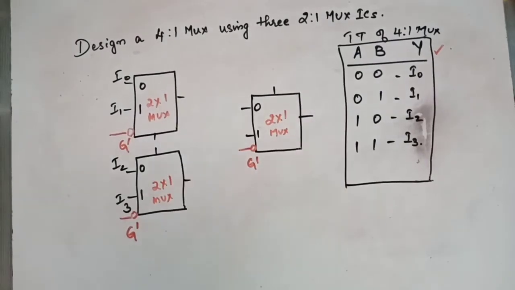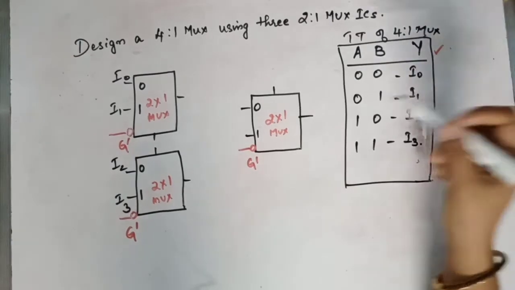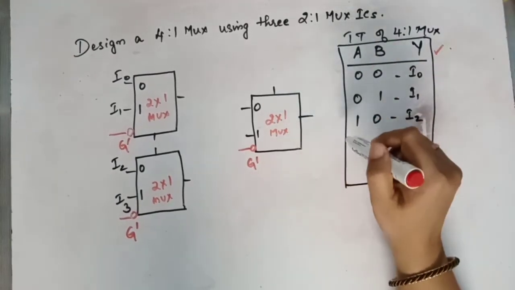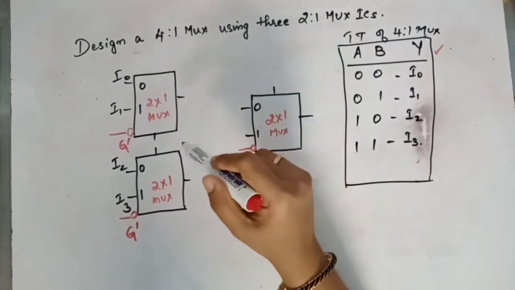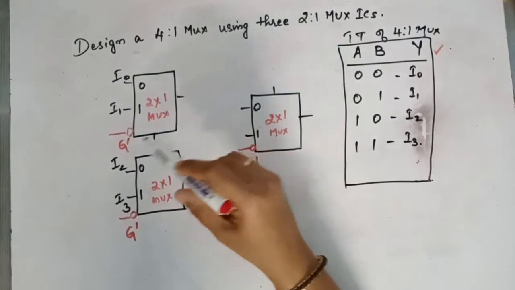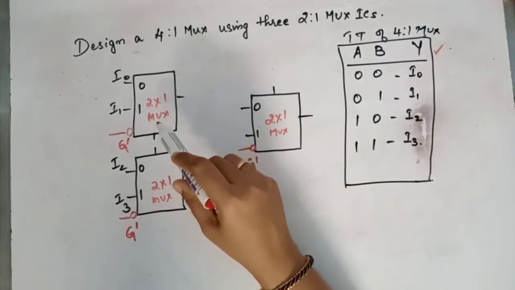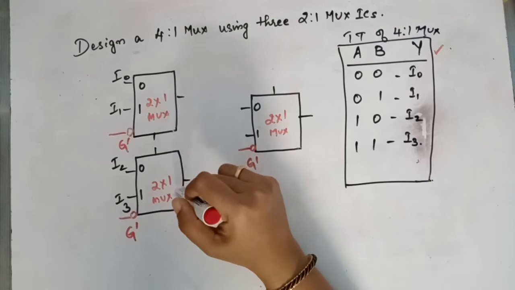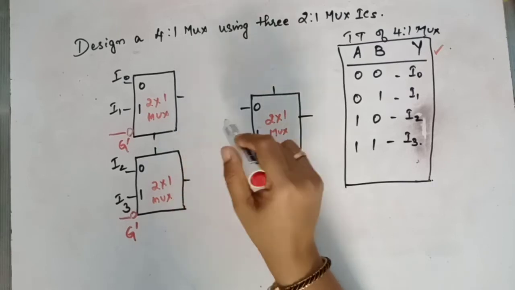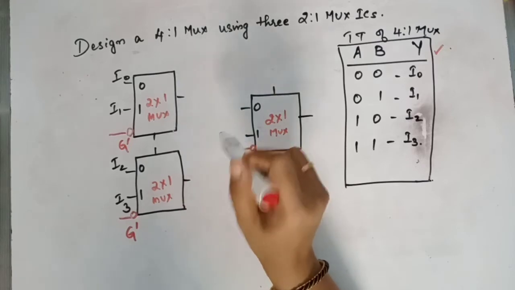Okay, so in the earlier case, when you were using an OR gate and a NOT gate, what were we doing? We were selecting one IC at a time. When the first IC was on, the second IC was off, because the outputs of the mux ICs were going to an OR gate.